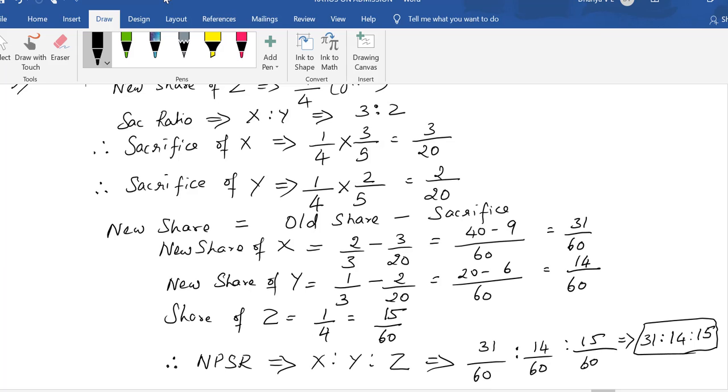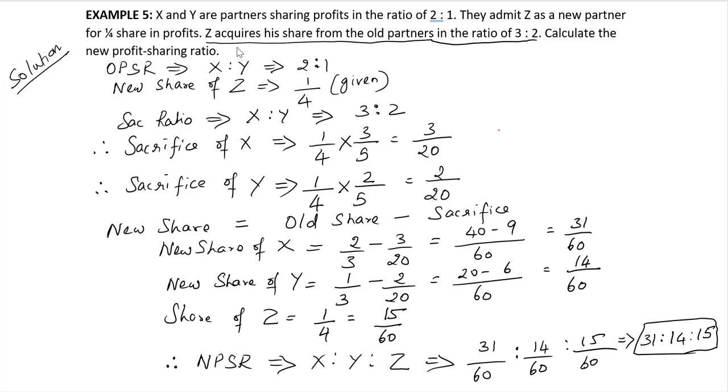We'll summarize this. The new profit sharing ratio between X, Y and Z is equal to 31 is to 14 is to 15.